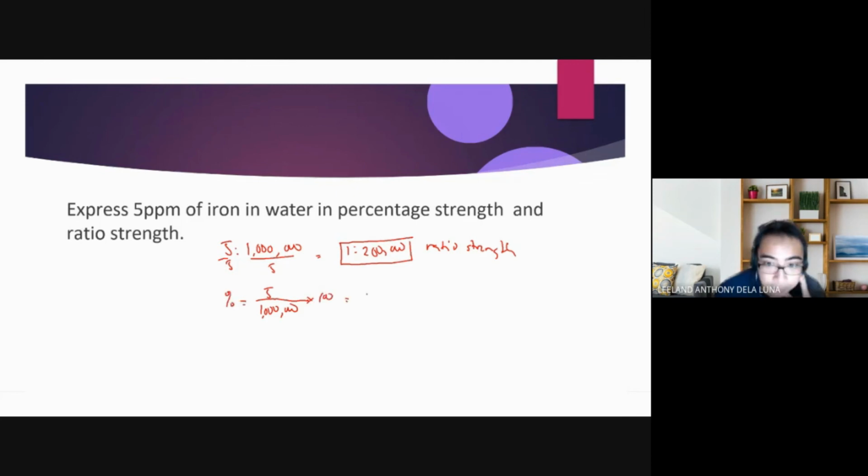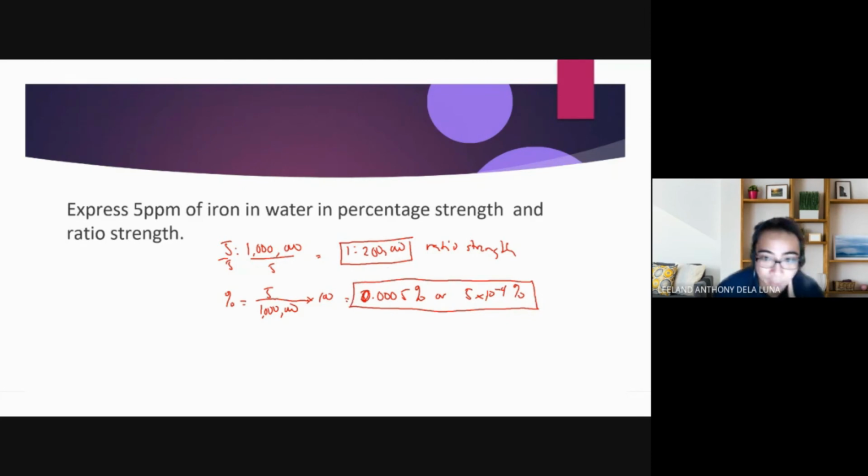Ang kalalabasan would be 0.0005% or 5 times 10 to the negative 4%. Either way, tama rin naman yun.